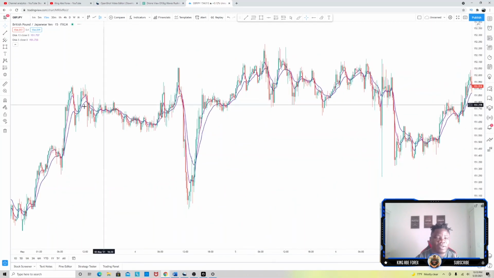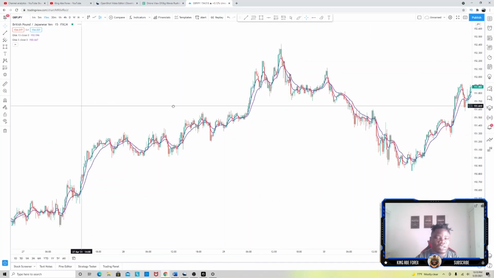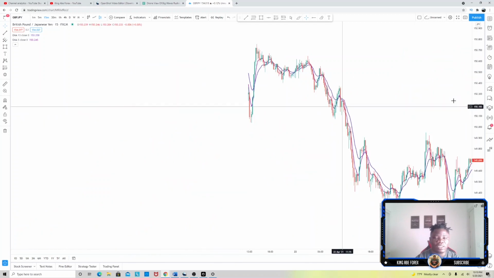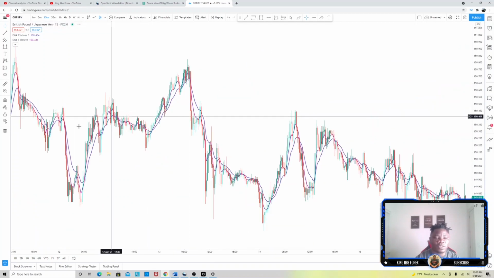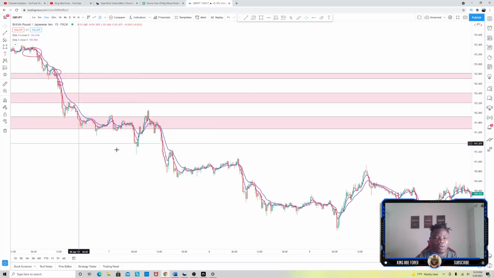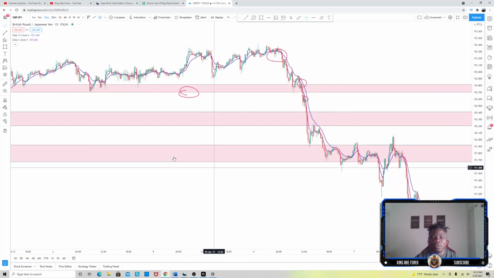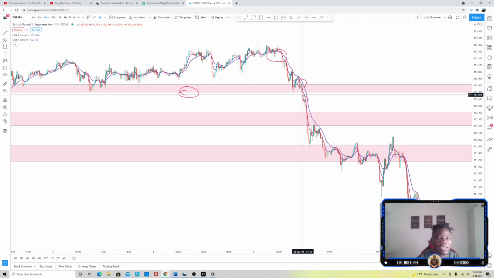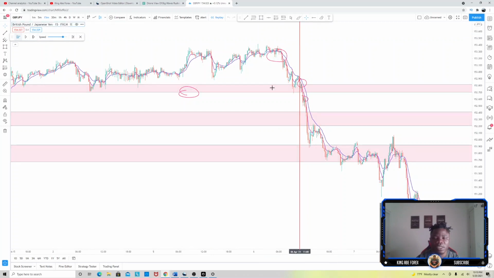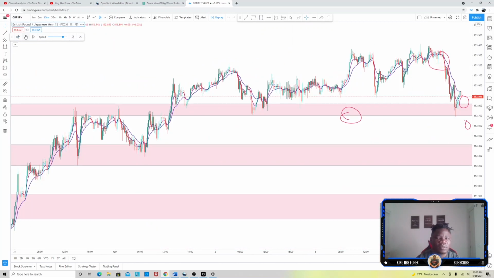Now we actually see two zones that we can target as our take profit, looking at the 1 hour time frame. So now we're going to take a look and see how this trade actually played out. Put this in replay mode, and we're just going to start from here, and let's take a look.